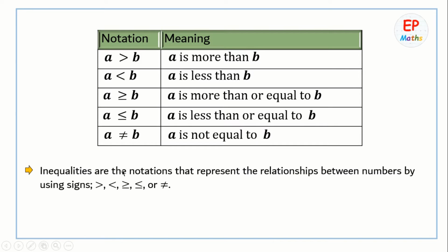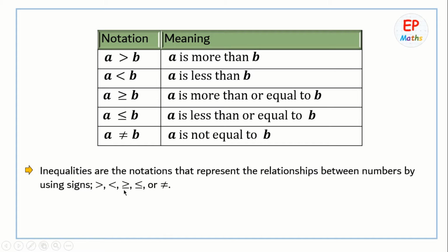Okay? So, inequalities are the notations that represent the relationships between numbers by using signs. We can say this sign is more than, or greater than, or bigger than. This one you can say less than, or fewer than, or smaller than.